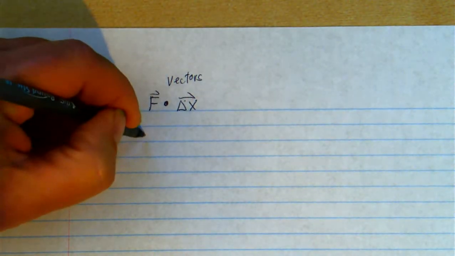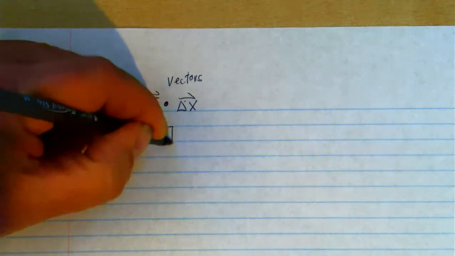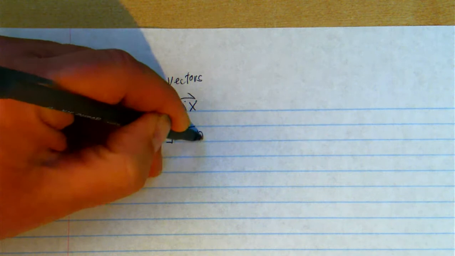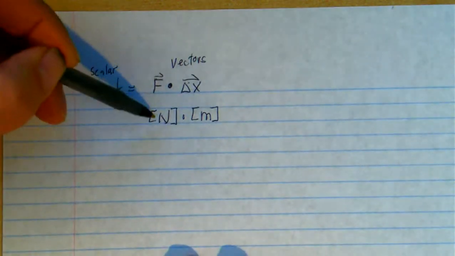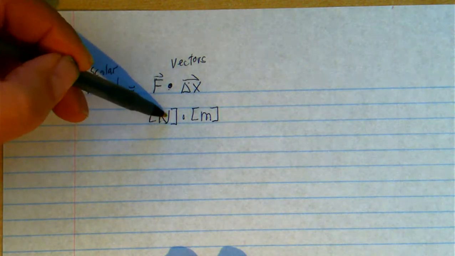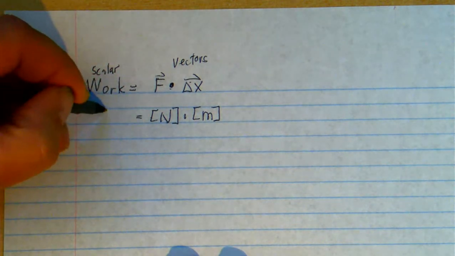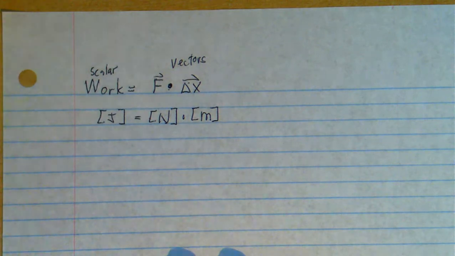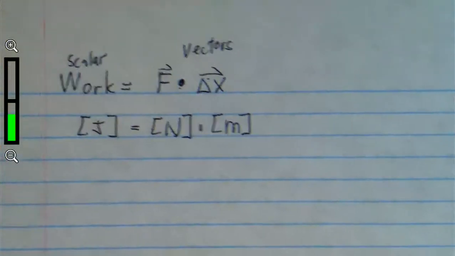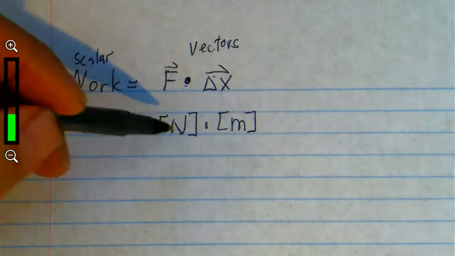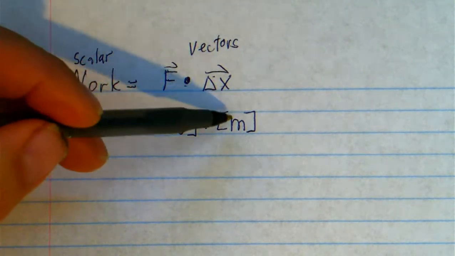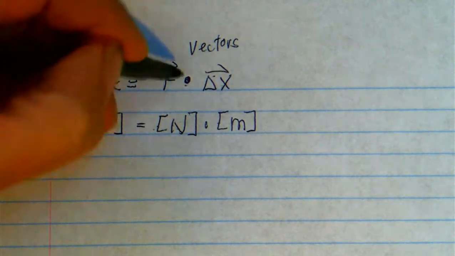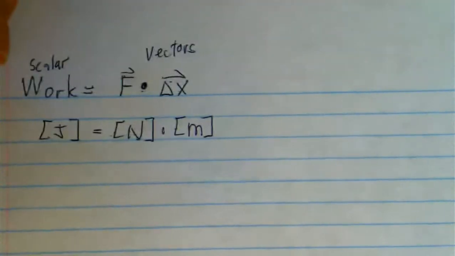The units of force are newtons. The units of displacement are meters. When I calculate the product of newtons times meters, the units are called joules. So capital J for joules, capital N for newtons, lowercase m for meters. And now what does the dot mean in the dot product?